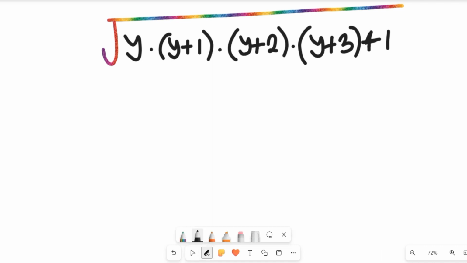Now to expatiate this, I want us to do something. I'm going to look at multiplying this expression with this, and then multiplying these two expressions.